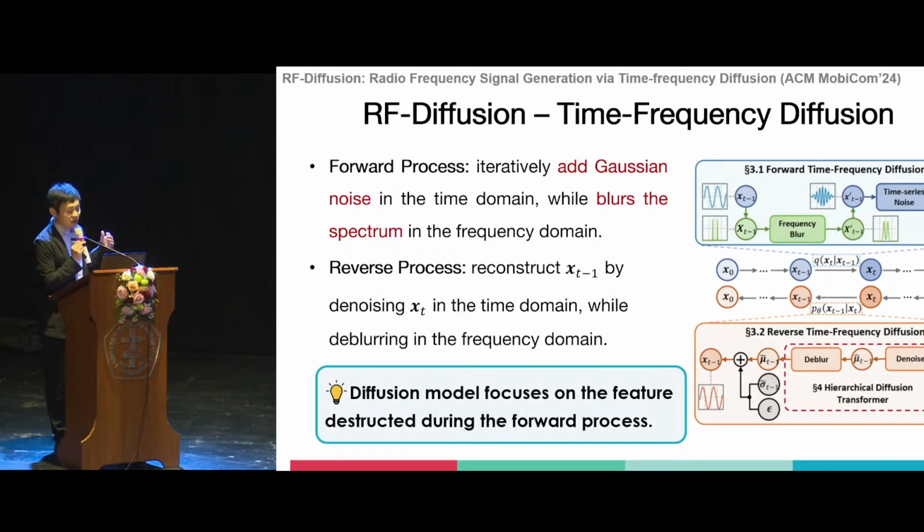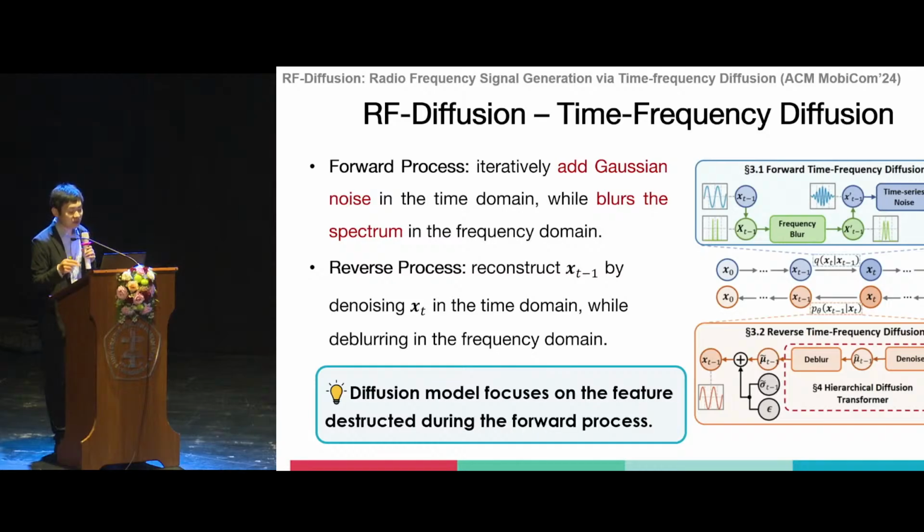We know that for the diffusion model, there are two processes, the forward process and the reverse process. In the forward process, we generate degradations that target both time and frequency. On one hand, similar to standard diffusion models, we gradually add Gaussian noise into the time domain. On the other hand, we also apply Gaussian blurs in the frequency domain.